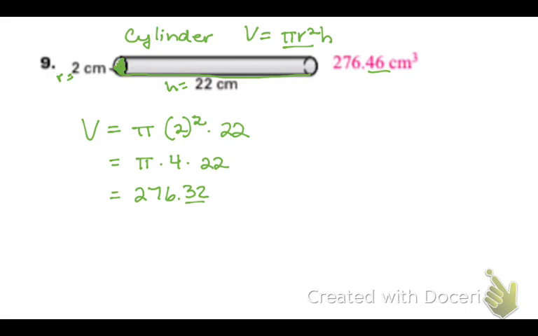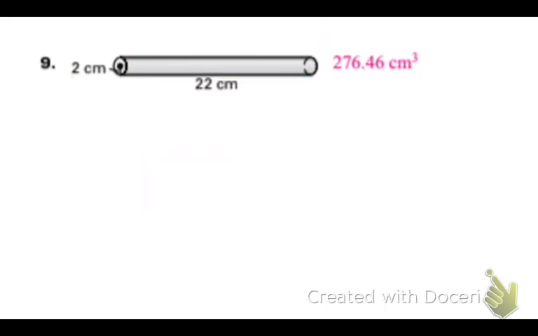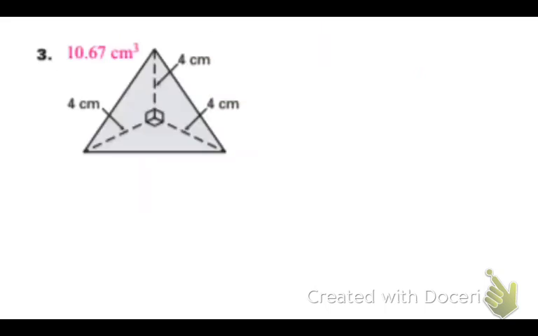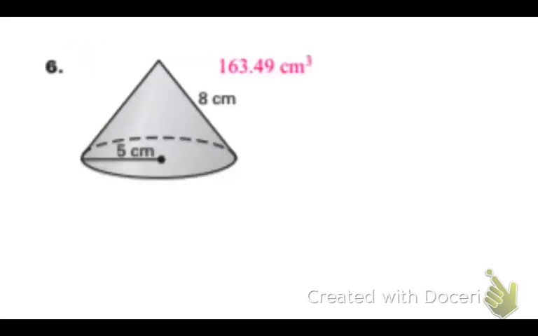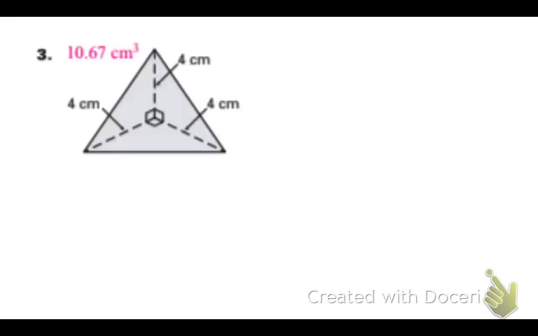And let's go to the volume of two different figures. So number 3 is a pyramid. Its formula for the volume of a pyramid is V equals 1/3 BH.